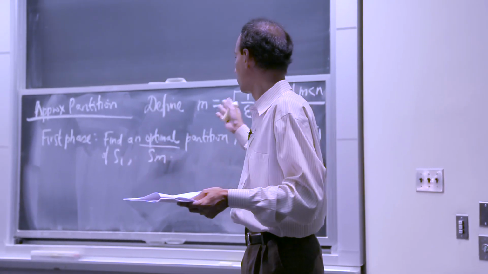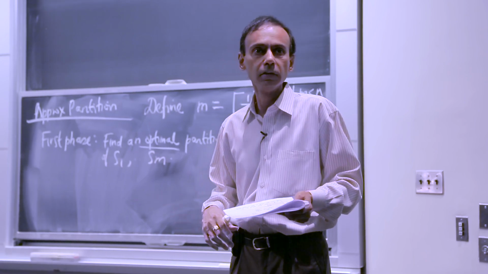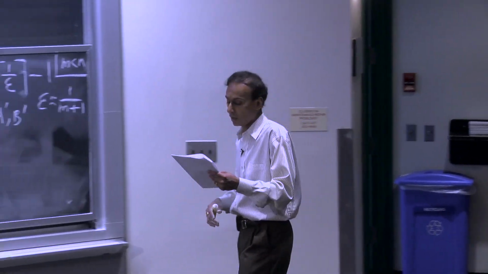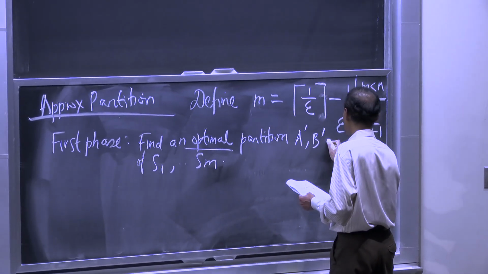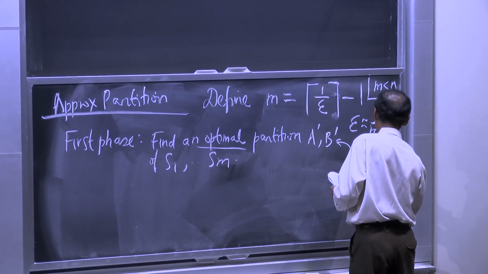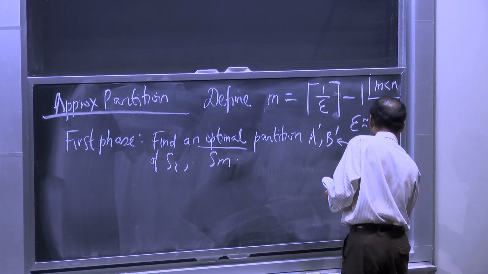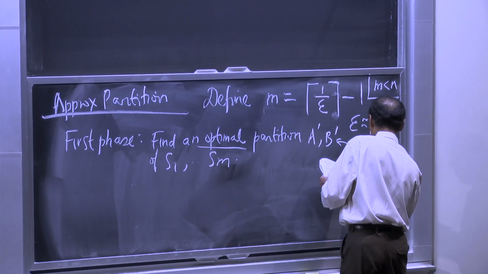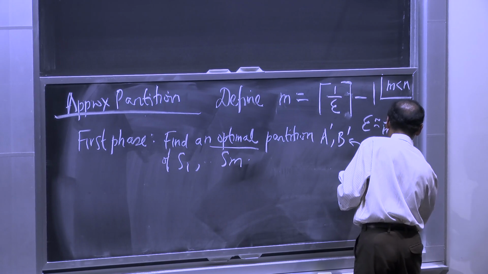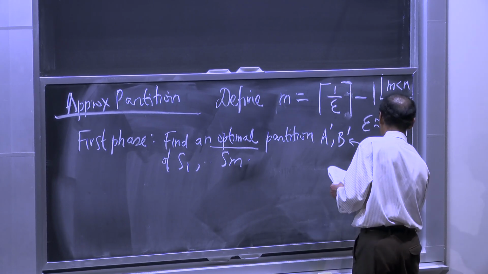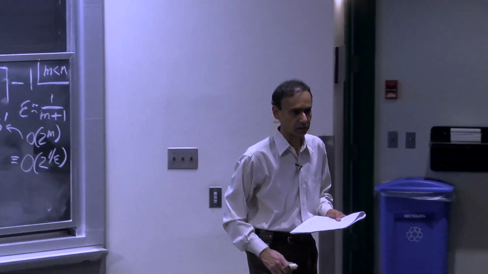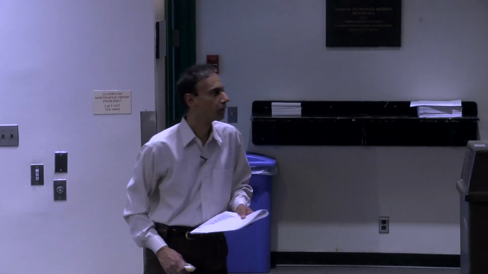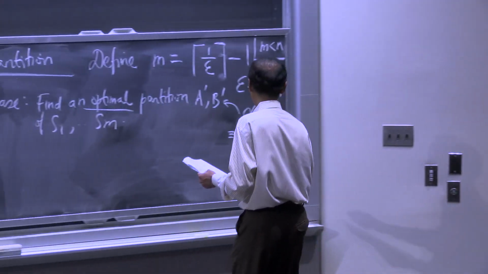And obviously, that's a function of small m, right, or 1 over epsilon. And so this optimal takes order 2 raised to m time. And you can think of that as order 2 raised to 1 over epsilon. And so that's why it's a PTAS and not an FPTAS. Okay? So this is PTAS.